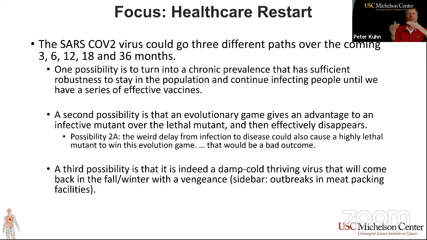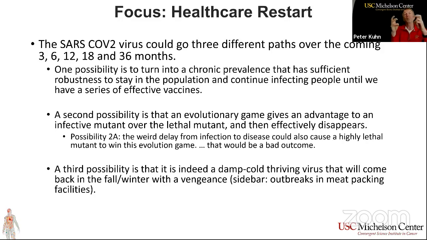A second possibility, which was not an unreasonable assumption and still is a possibility, is that in an evolutionary game, a high lethality is actually not desirable because the host dies fast. If the patient dies fast, that's evolutionarily not a desirable outcome for the virus.